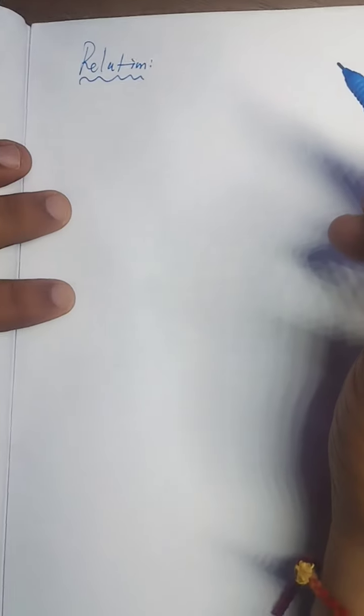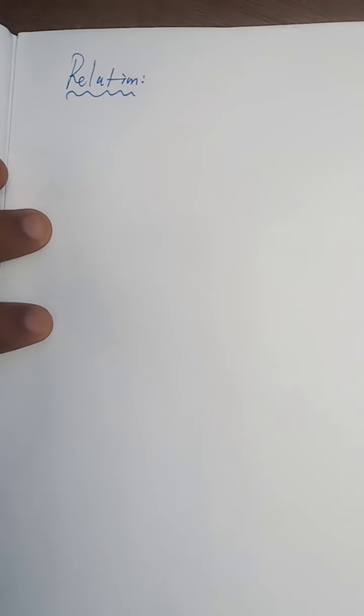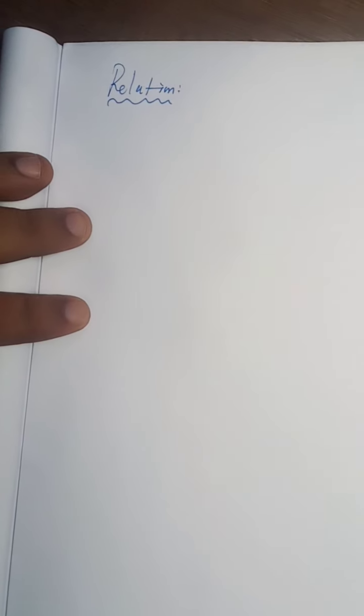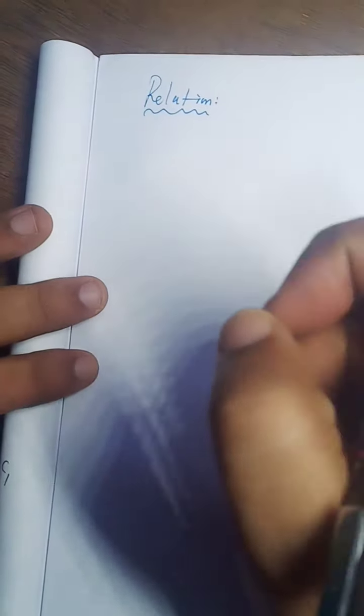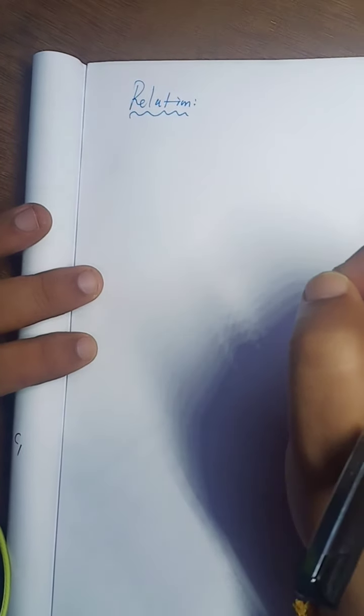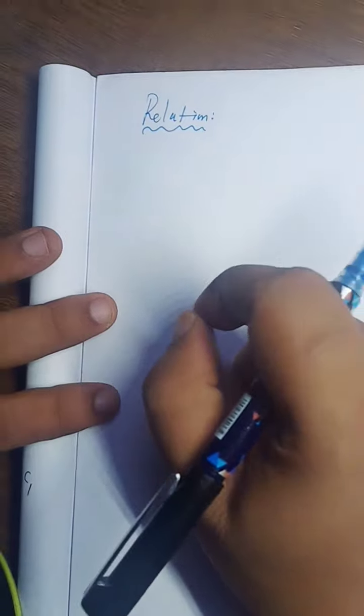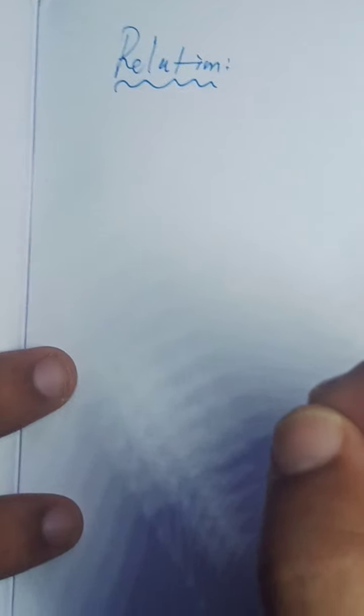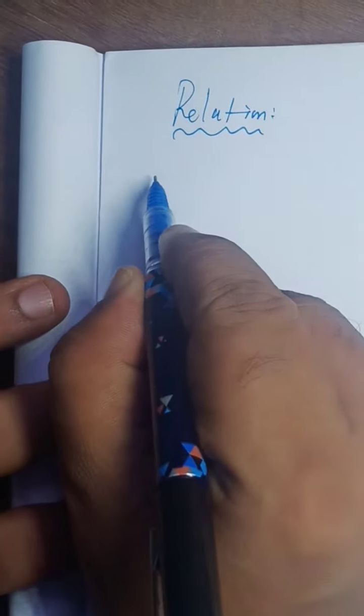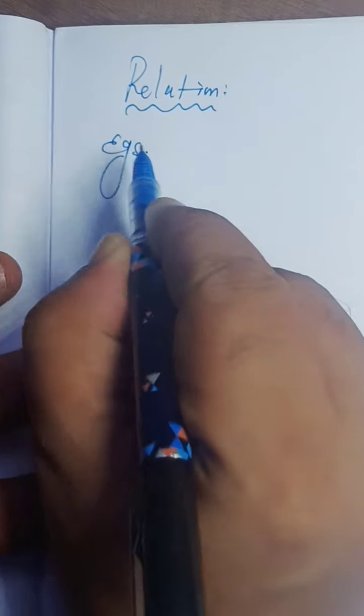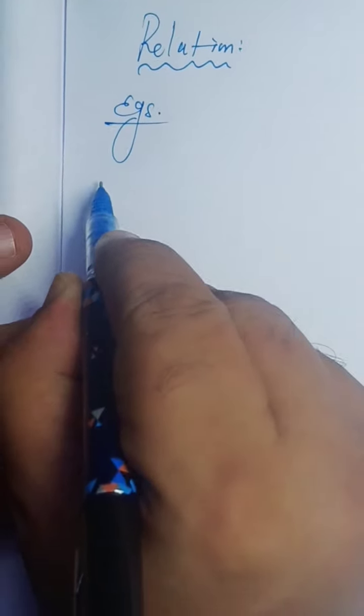That means two objects are related under some specified rule or specified condition. I'll give an example, you can easily understand. I'll give you two examples. Example number 1.